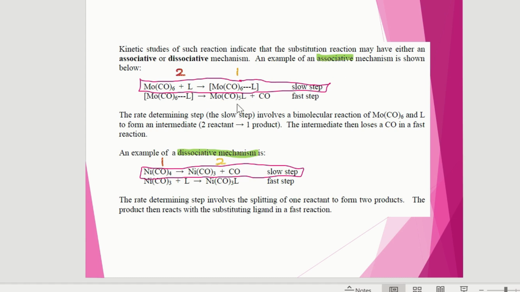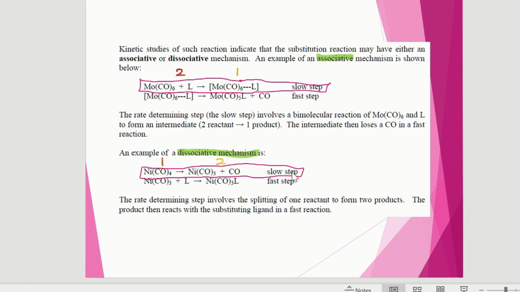And for the dissociative mechanism, the rate determining step involves the splitting of one reactant to form two products. At first we have one reactant, tetracarbonyl nickel, which splits into two products, one carbonyl and a tricarbonyl nickel, at the slow step.